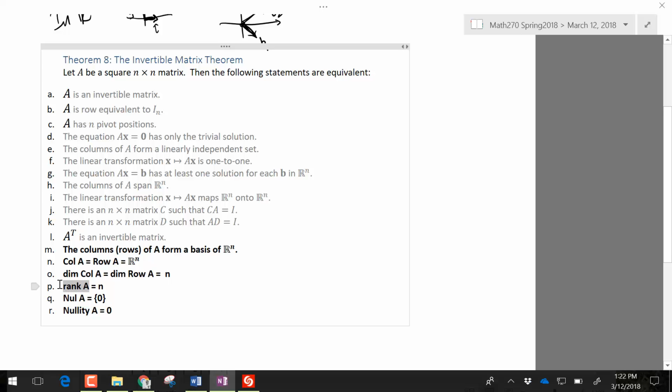The dimension of the row space, which equals the dimension of the column space, is the rank. And then the null space is just the zero vector. When your null space is just the zero vector, the null space has dimension 0, or the nullity is 0.